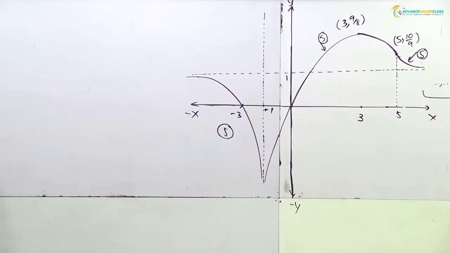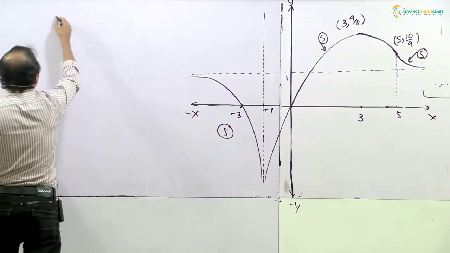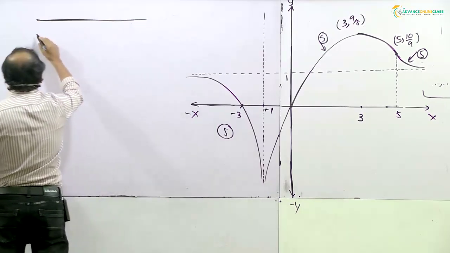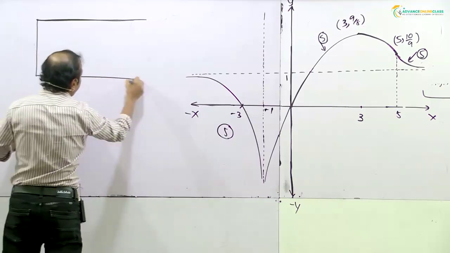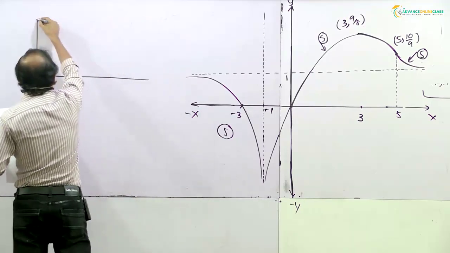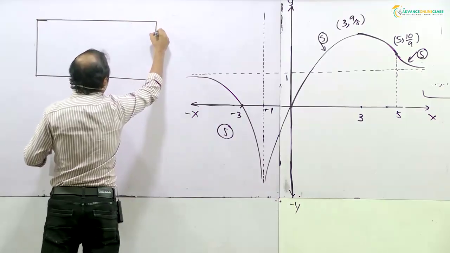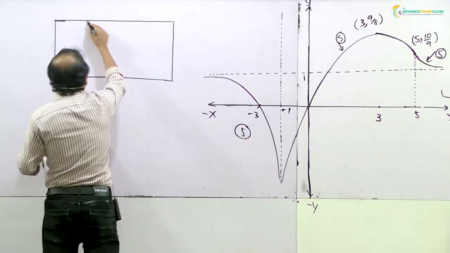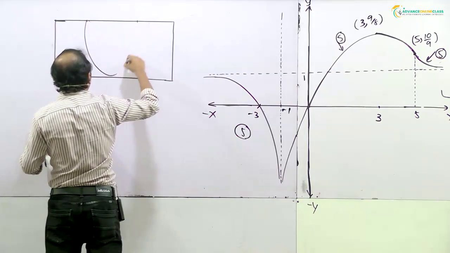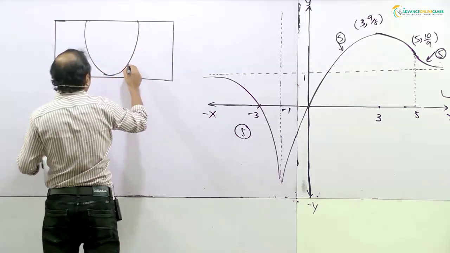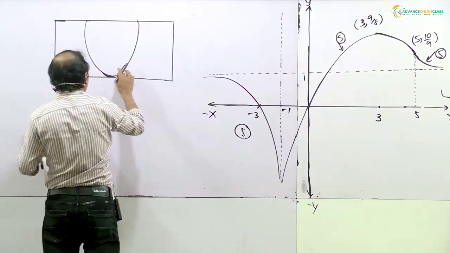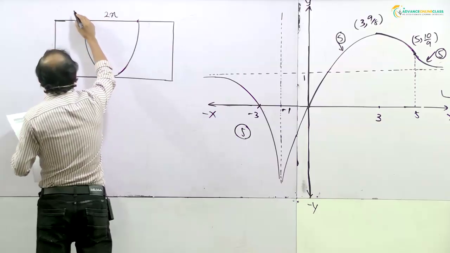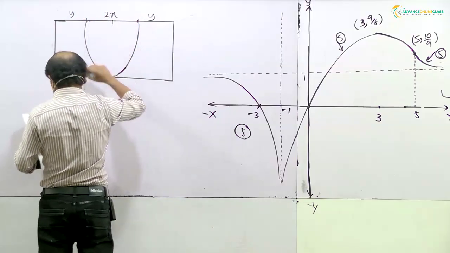You are given a rectangle lamina. We take it like this: 2x, y, y.